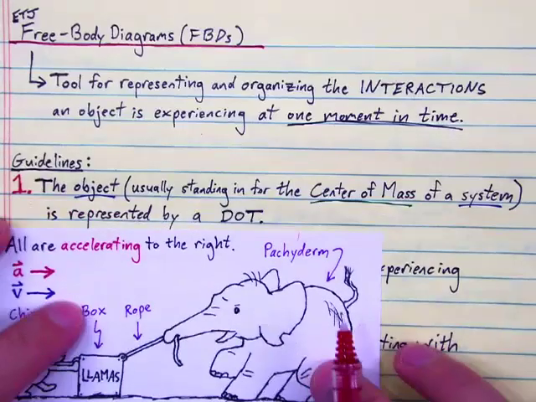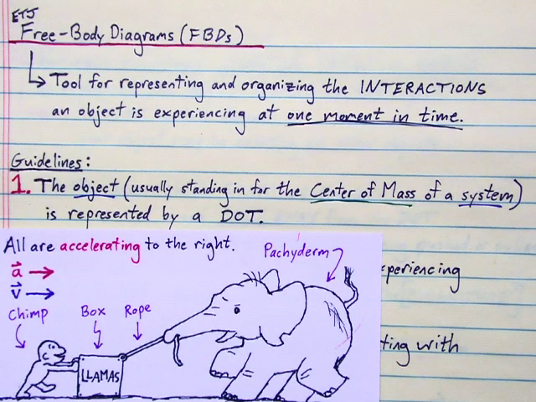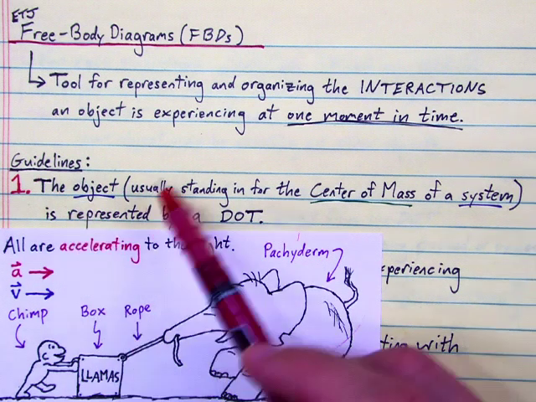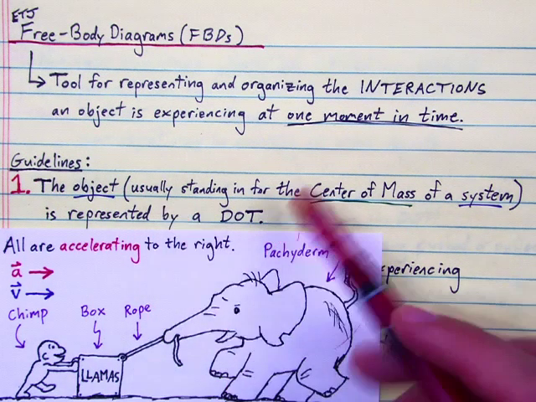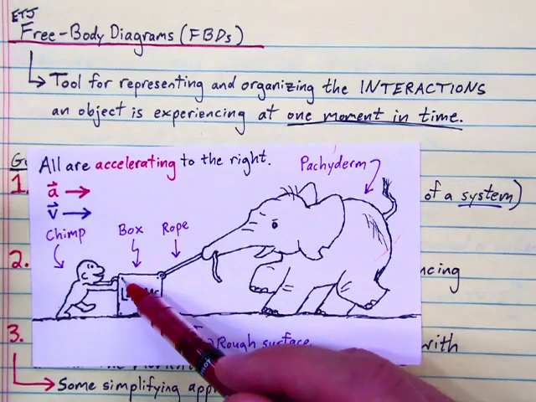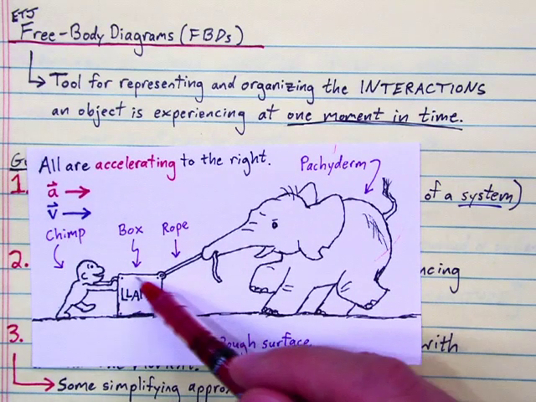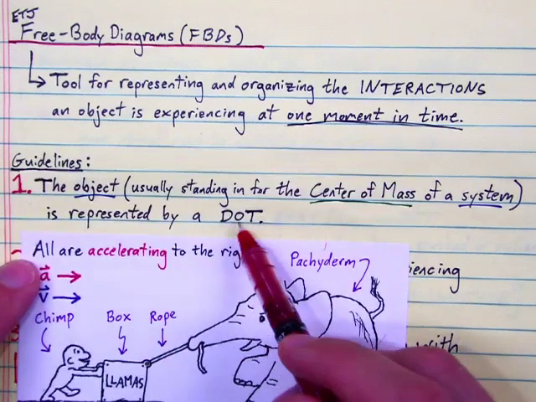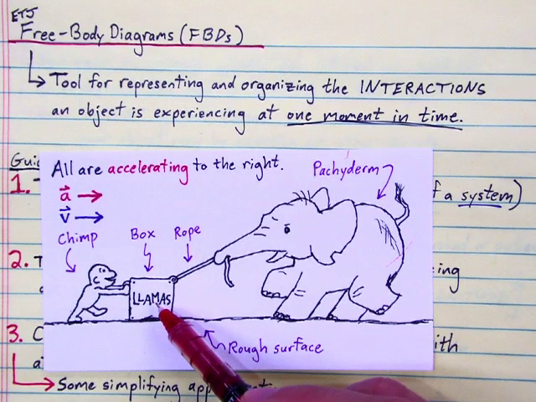Okay, guidelines. 1. We model the motion of an object by considering it to be a free body, that is free to move in any direction. It's not fixed in space. So our diagram starts as follows. The object, which is usually standing in for the center of mass of a system, the box here is actually a system of zillions of atoms, but we're going to represent the box with a dot at the center of mass of the box.